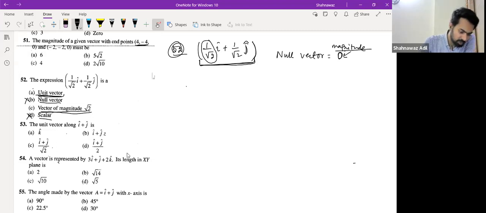What is the definition of a unit vector? A unit vector only represents the direction. What is the magnitude of a unit vector?